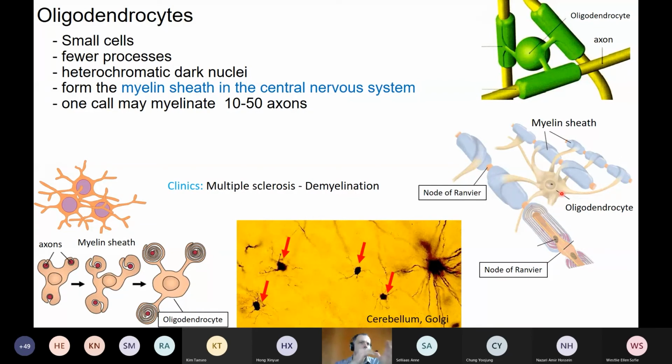I don't know how people could figure this out, or how this calculation was done, but I read somewhere that the diameter of the human head would be around 1.5 to 2 meters if we had Schwann cells inside the brain instead of oligodendrocytes, so they spare space. But of course, if we spare, we always sacrifice something, because we spare space. These cells also have disadvantages.